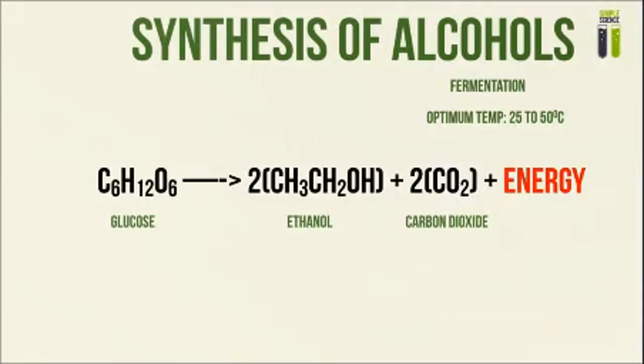This method of fermentation is when we ferment glucose, whereby we introduce yeast as a catalyst into glucose at an optimum temperature of 25 to 50 degrees, and glucose reacts to form ethanol and carbon dioxide and energy, whereby energy is stored as ATP.